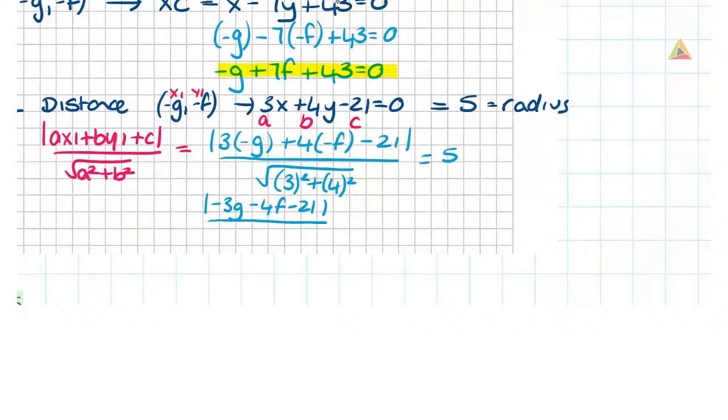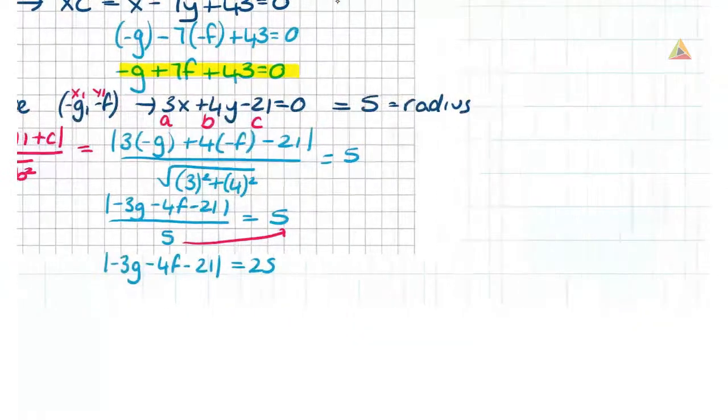That bottom line works out to be 5, and we've got 5 on the right-hand side because we know it's equal to the radius. So we're going to multiply across by 5. That'll give me the absolute value of minus 3g minus 4f minus 21 equals 25.